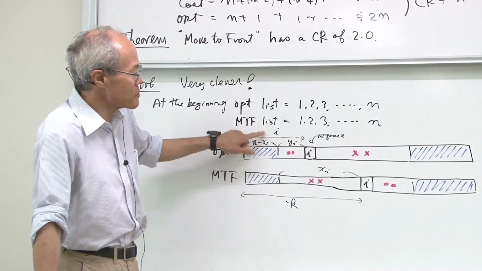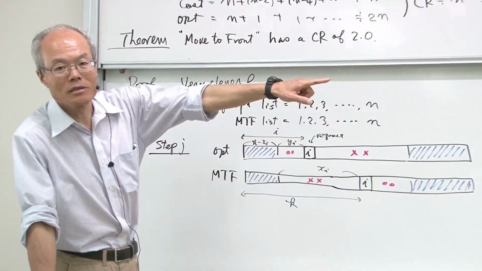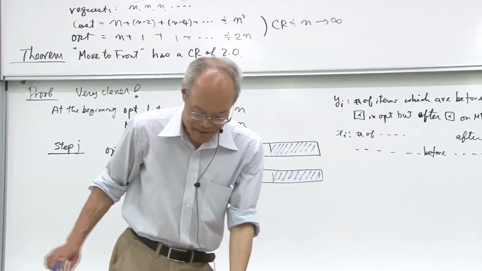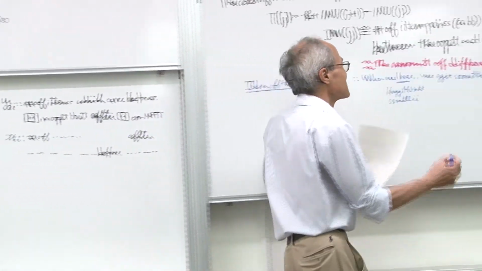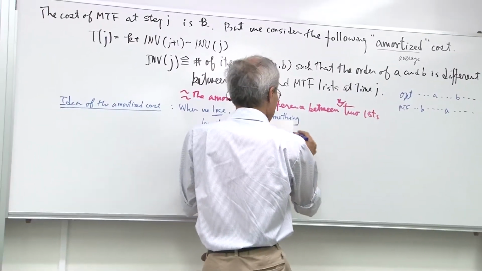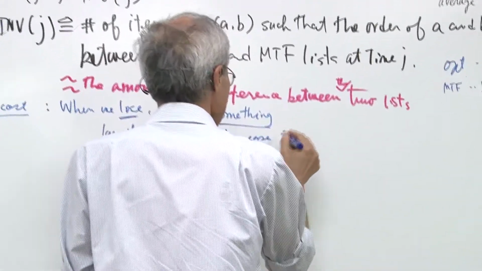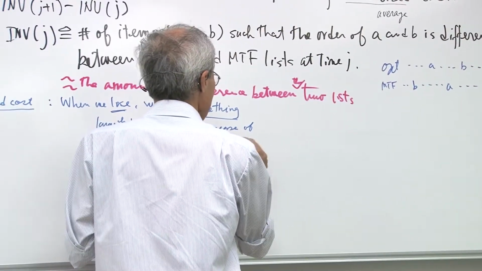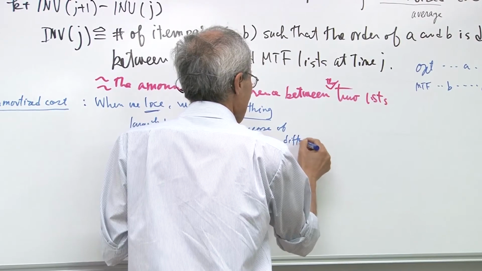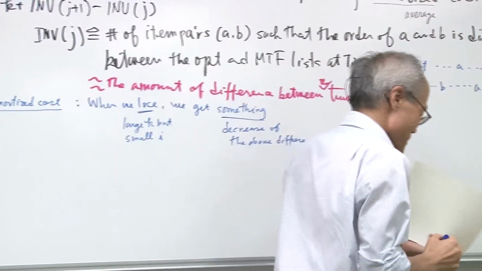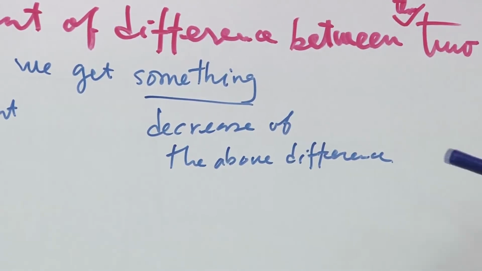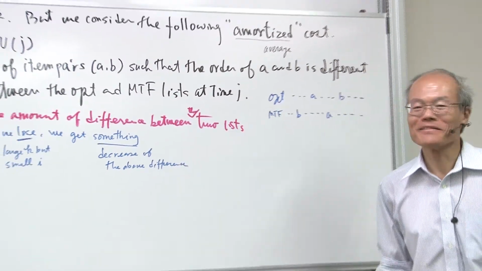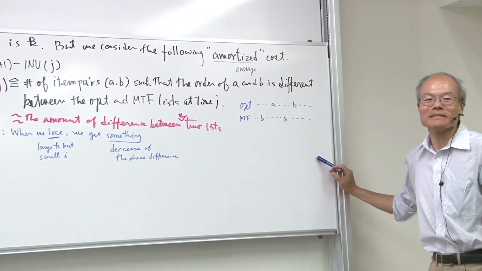So this is big, this is small, then we lose at that step. But we get something: this difference, the amount of difference between the two lists.